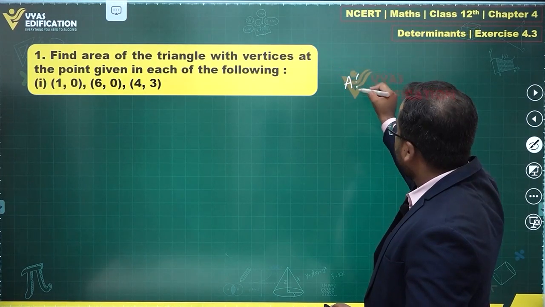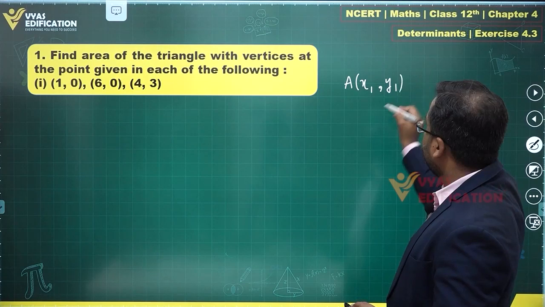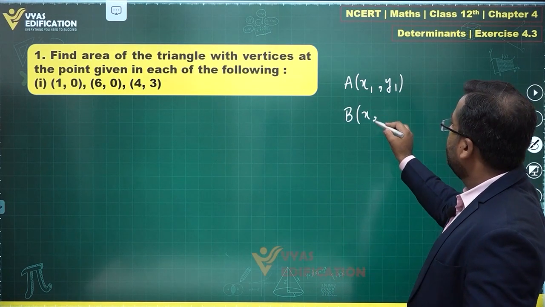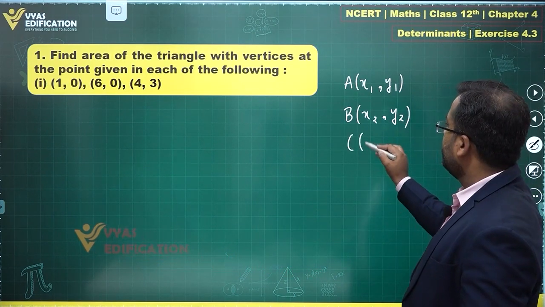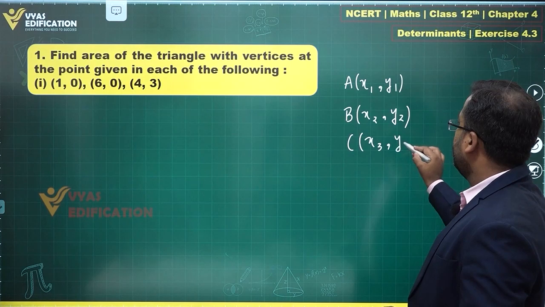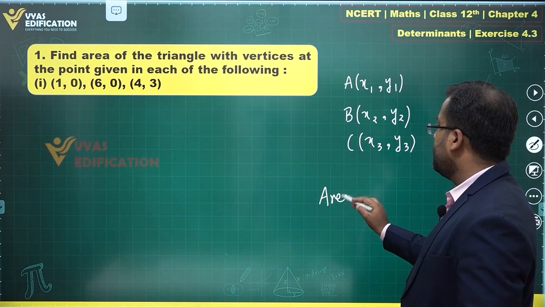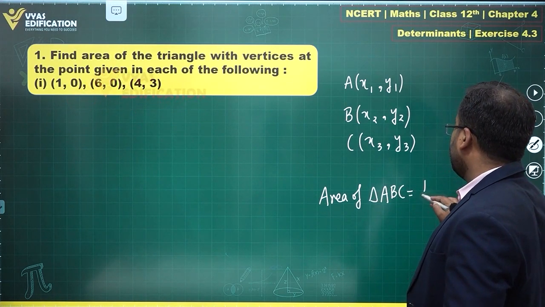For a triangle having vertices A, x1, y1, B, x2, y2, and C, x3, y3, the area of the triangle can be found very easily. Area of triangle ABC will be equal to 1 by 2.